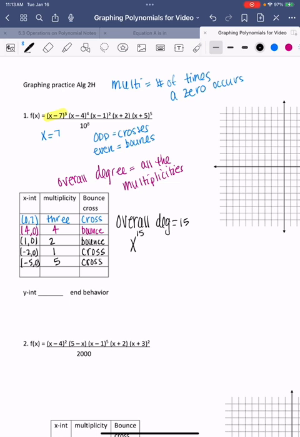Okay, so x to the 15th models the same end behavior as x cubed. How come? Because 15 is odd, and x cubed is also odd. So go back to x cubed. You know the parent function of x cubed: the left side goes down, the right side goes up.